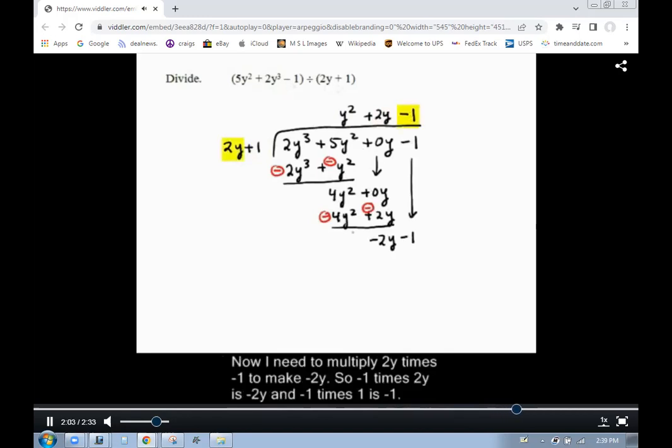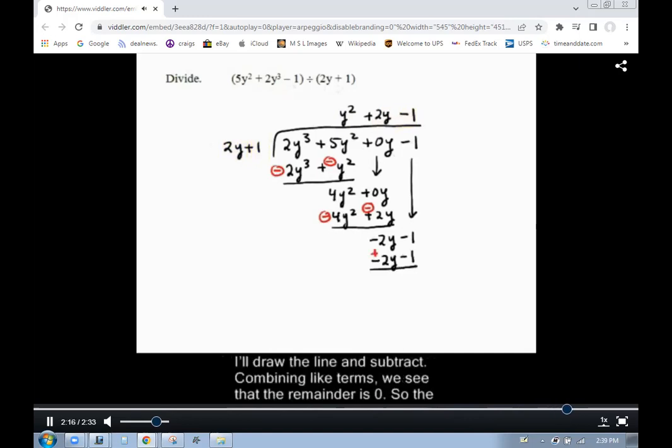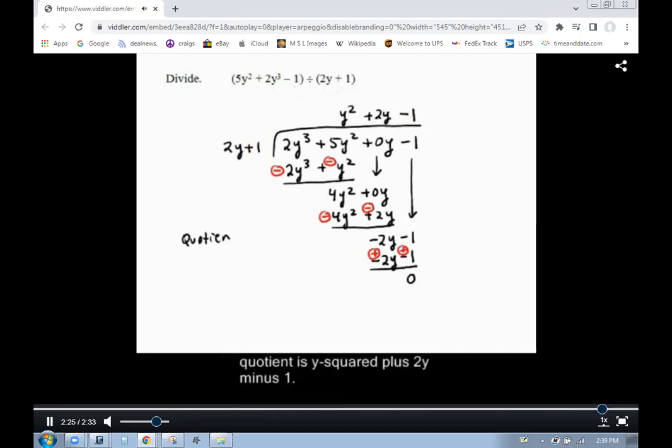So negative 1 times 2y is negative 2y, and negative 1 times 1 is negative 1. I'll draw a line and subtract. Combining like terms, you see that the remainder is 0. So the quotient is y squared plus 2y minus 1.